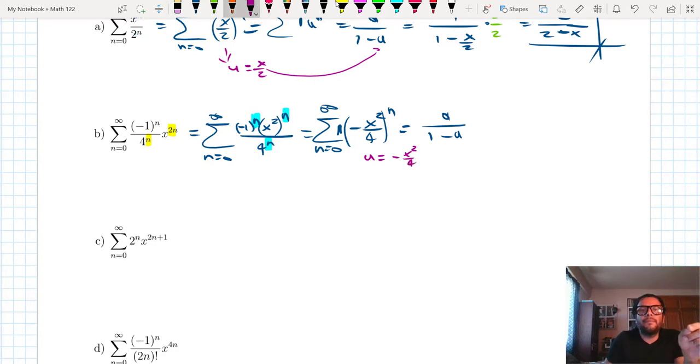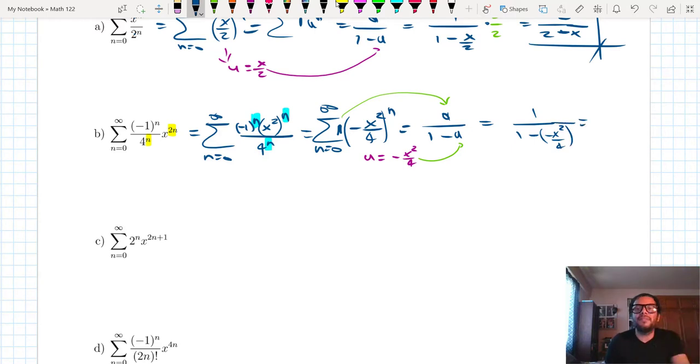So this will be our a, and this will be our u. So what is the function being represented? This will be 1 over 1 minus negative x squared over 4, which is the same as saying 1 over 1 plus x squared over 4.